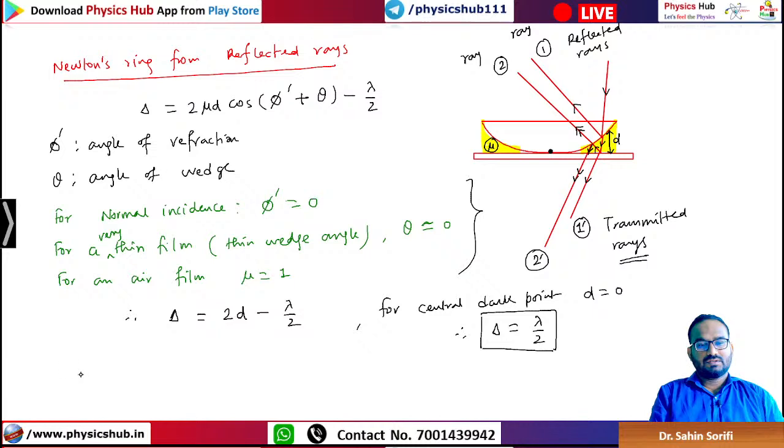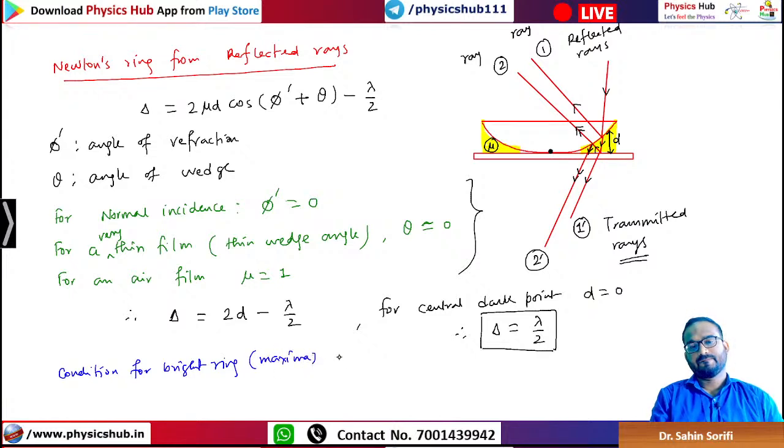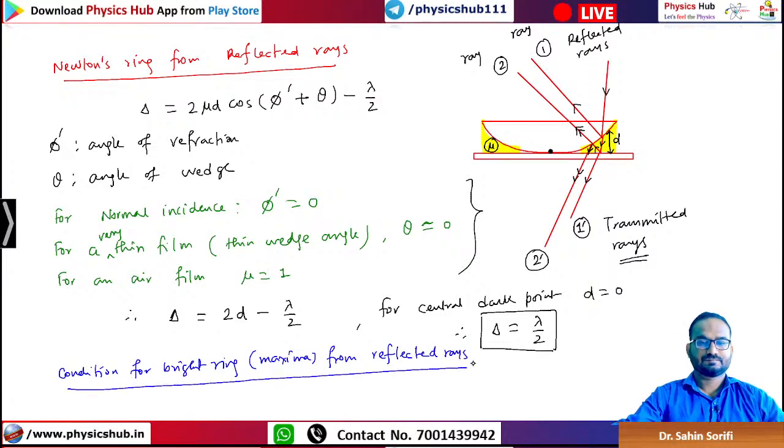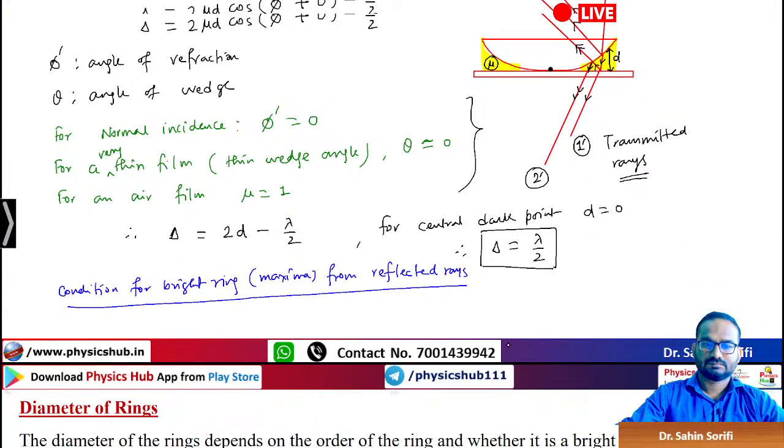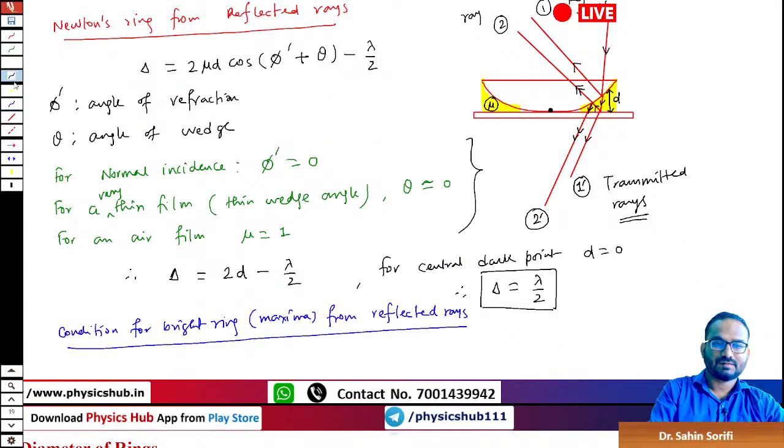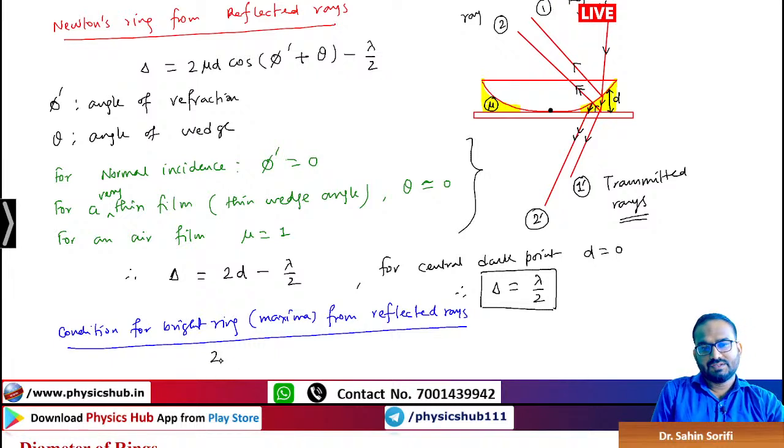Hence, what will be the condition for bright ring or maxima from reflected rays? Delta is 2d minus lambda by 2, and this should be equal to n lambda.